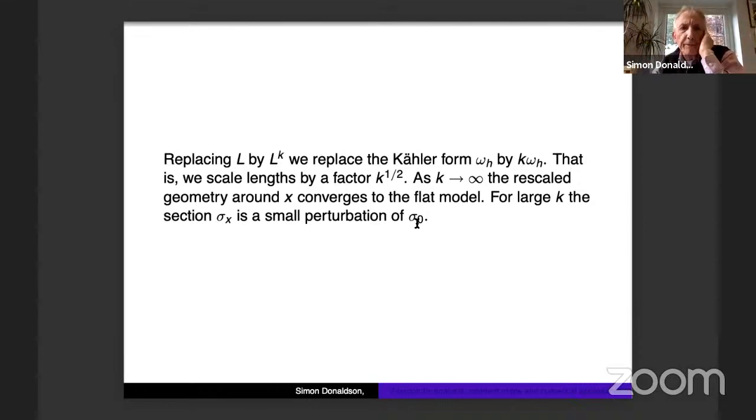And the essential reason why that works is the rapid decay, which makes everything localize around a small ball of radius approximately 1 over the square root of k about x. So all these terms, the AI, just measure the slight deviation from the metric of this rescaled ball, essentially, compared with the flat metric.